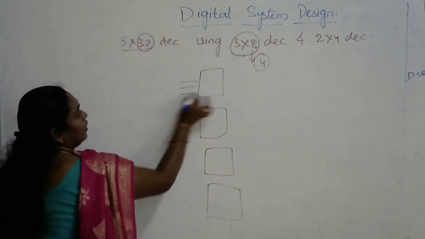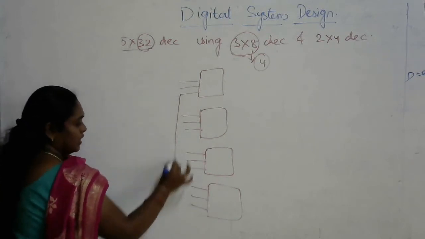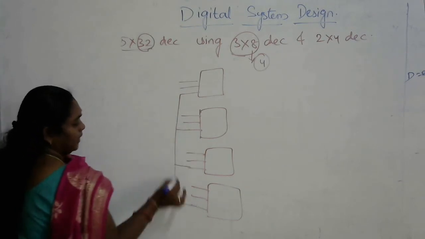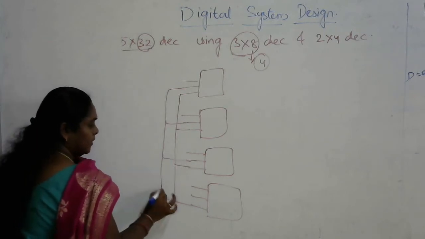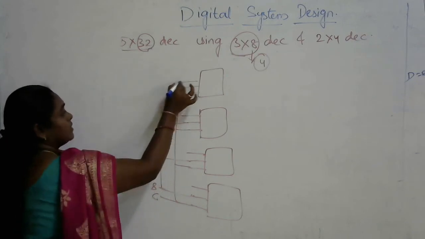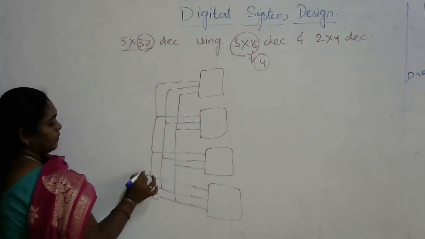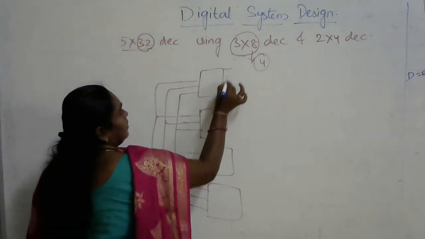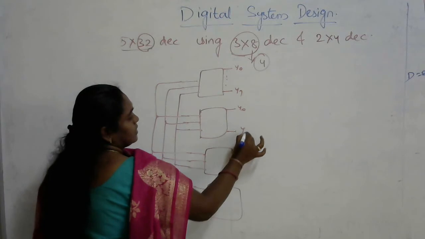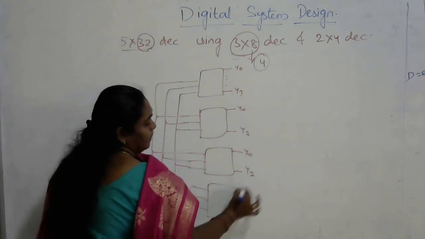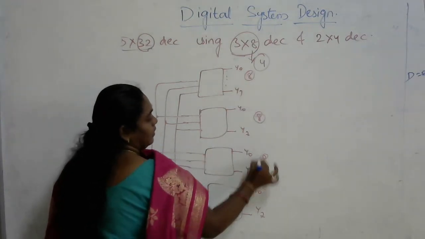I am shorting all those 3 by 8 decoders' inputs, making this common input C. Similarly, B with B of all the inputs, this is B, and similarly A, this is a common input A. As I have 8 outputs, Y0 to Y7, here also Y0 to Y7, Y0 to Y7, Y0 to Y7. So here we have 8, 8, 8, 8.